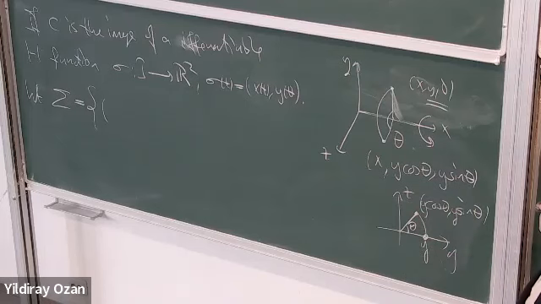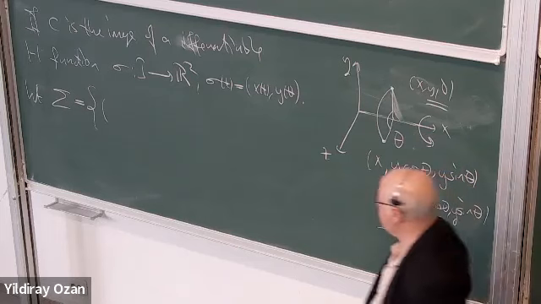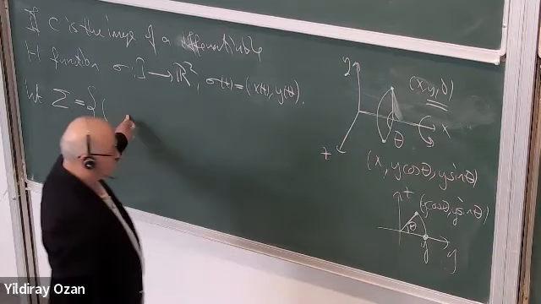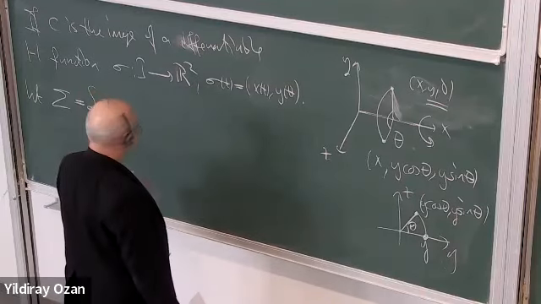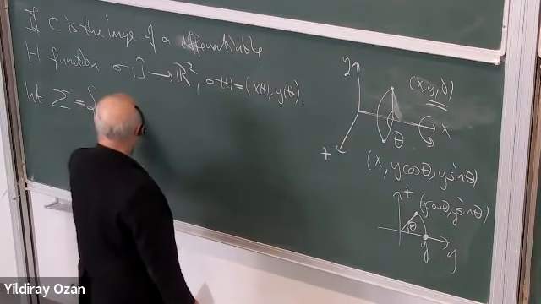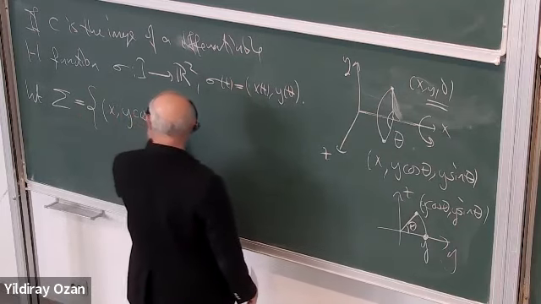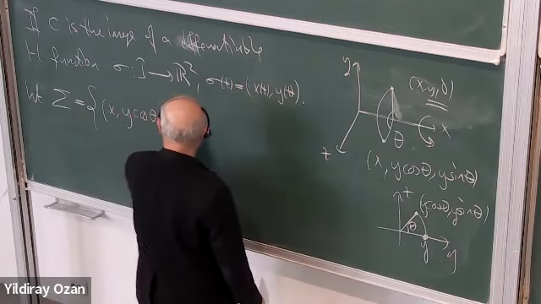I think this is correct. So a typical point is (x, y cos theta, y sin theta), right?